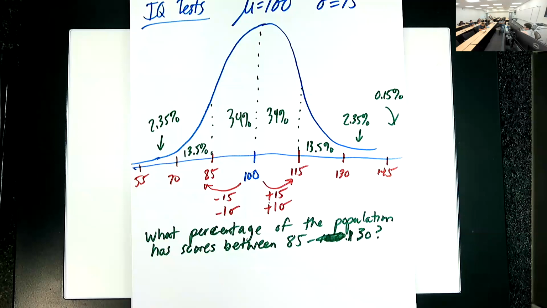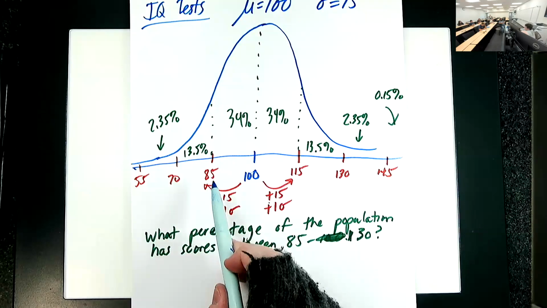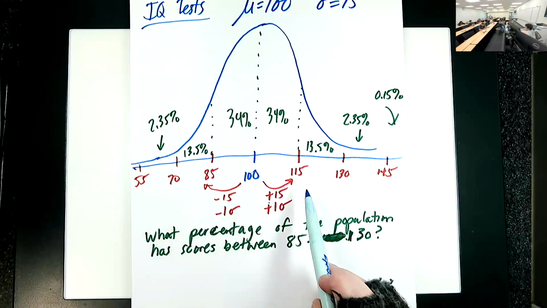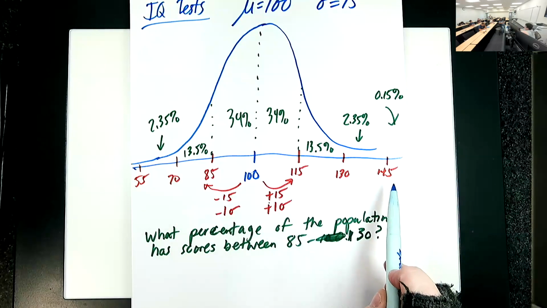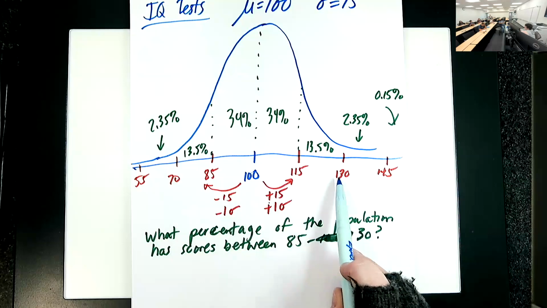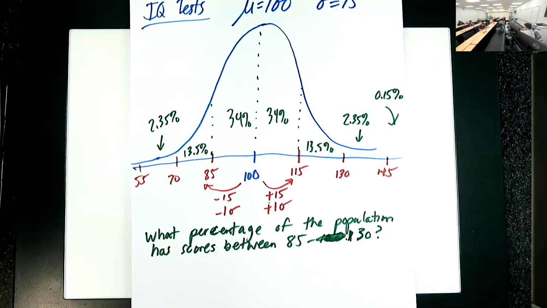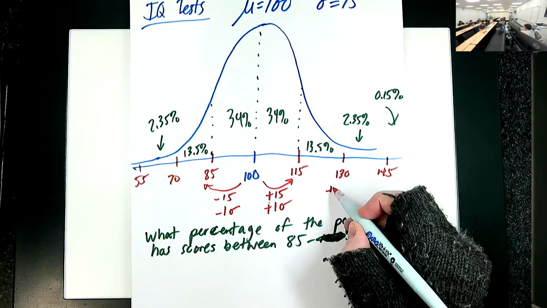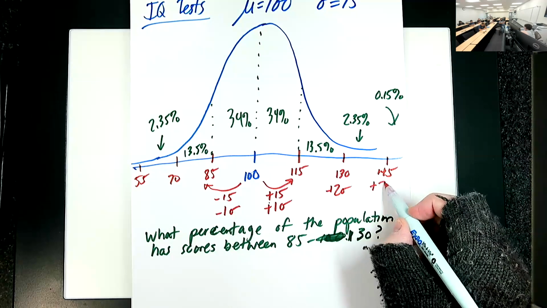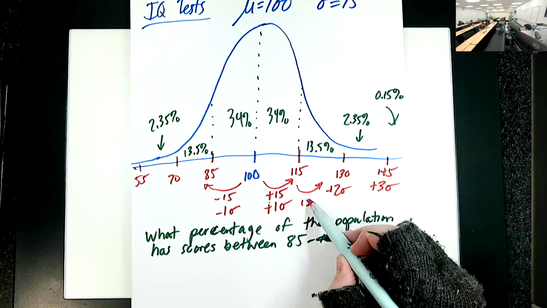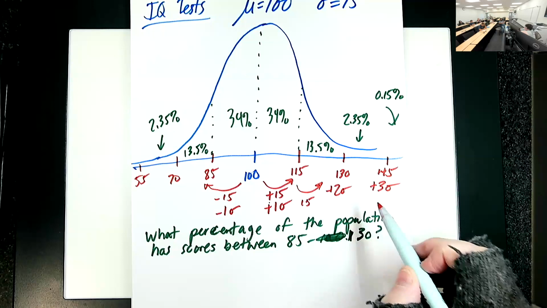To find 85 to 130, first off, putting these down and doing that standard deviation thing, adding one standard deviation as you go to the right each time, making these little marks. This is one deviation, the 130 is 2 deviations, the 145 is 3 deviations. So you're just adding 15 each time, or whatever the standard deviation is.